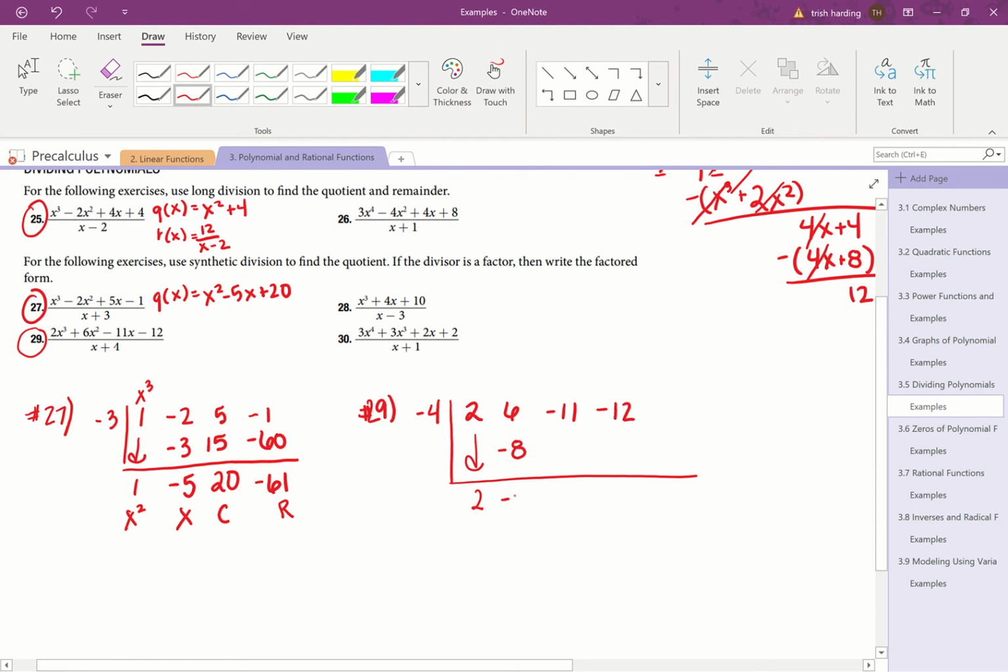This gives us negative 2. Negative 2 times negative 4 is 8. This gives us negative 3. And this is positive 12, which gives us 0. Our remainder is 0. It is a factor.